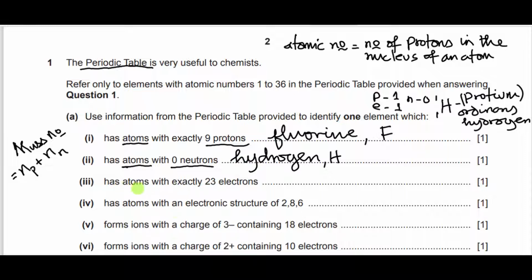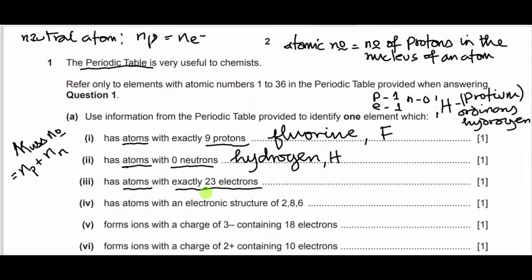Element which has atoms with exactly 23 electrons. Whenever you're talking about atoms, it means that you're talking about neutral particles, right? With exactly 23 electrons. Which means that for it to be neutral, the number of protons for a neutral atom equals the number of electrons.